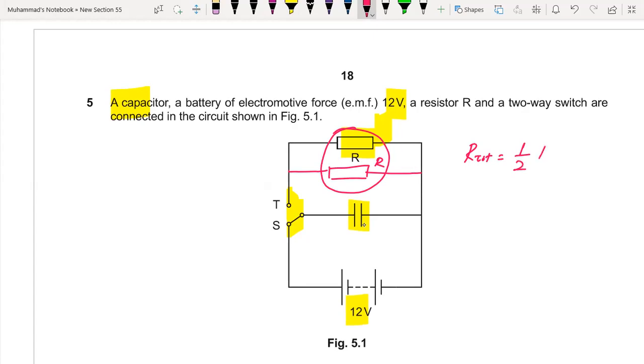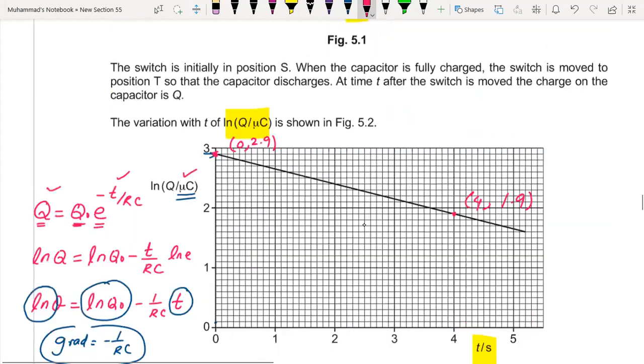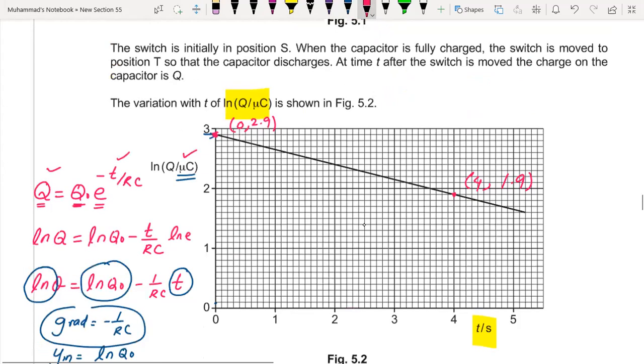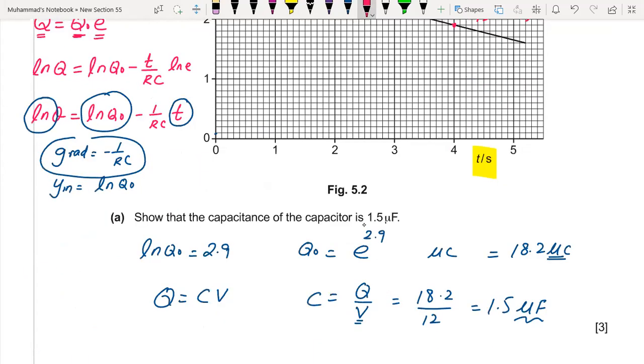That will be half of the previous resistance. So if the total resistance decreases, then what will be the effect on that graph? You know that the gradient is 1 over RC.